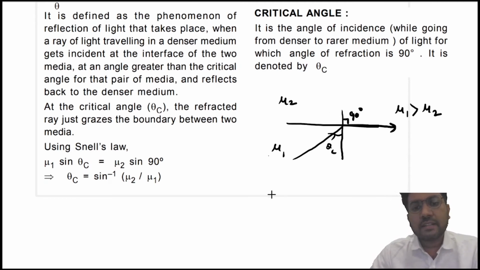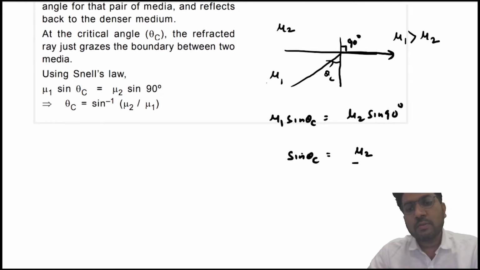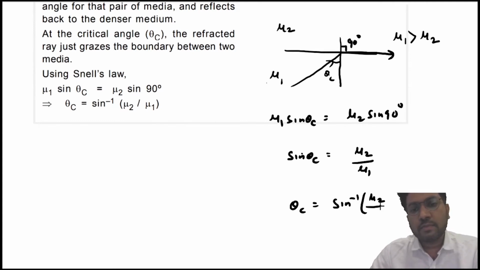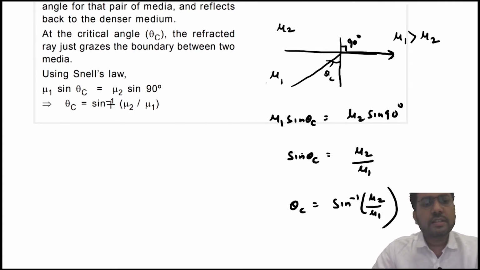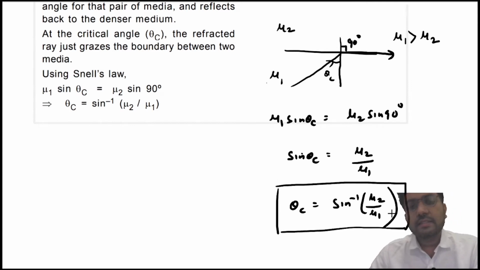So you will write: mu1 sine theta c is equal to mu2 sine 90 degrees, that is sine theta c is equal to mu2 by mu1, or theta c is equal to sine inverse mu2 by mu1. I have written it here also. Theta c is sine inverse mu2 by mu1. This is the critical angle.